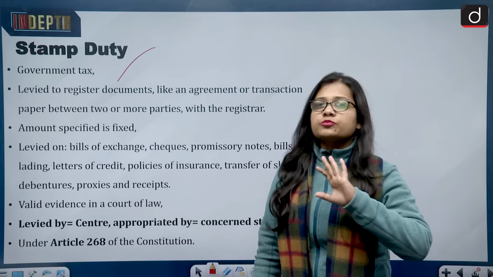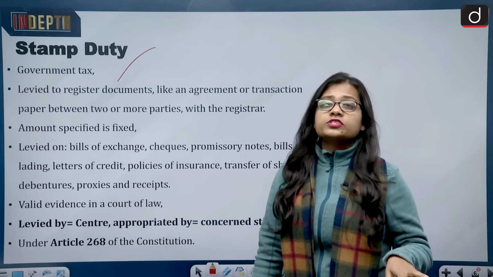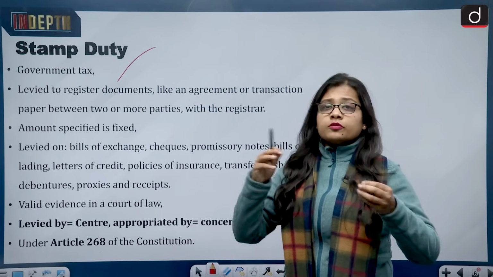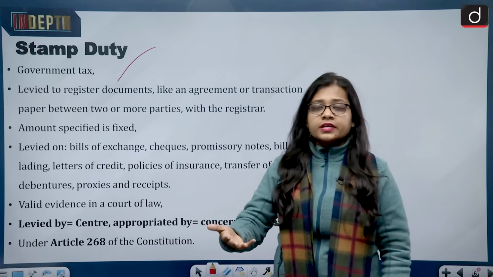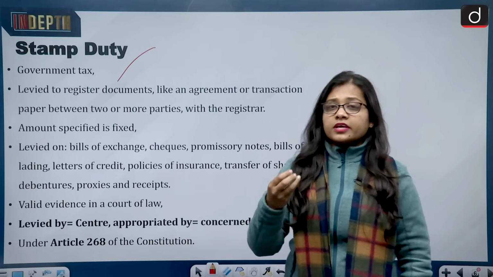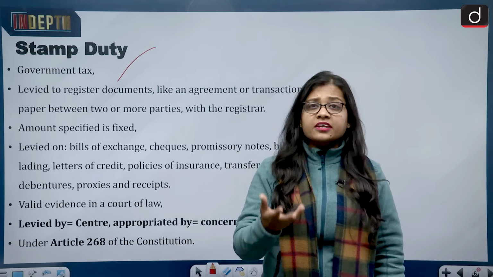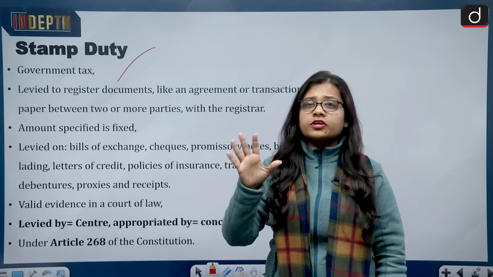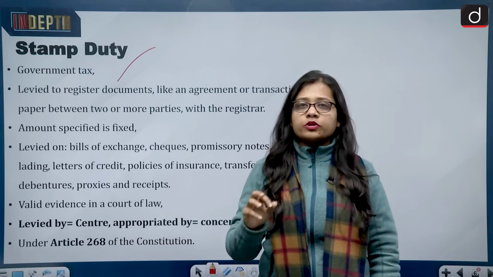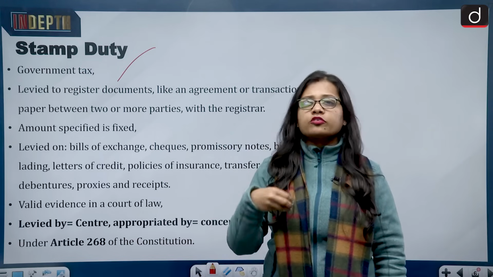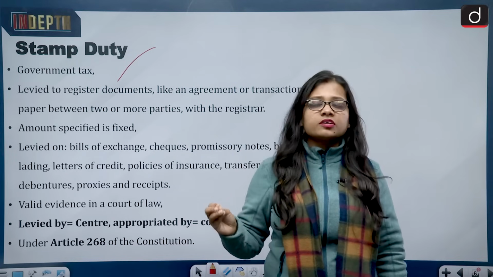I am sure that almost all of you must have heard this term in your day-to-day life from your father, grandfather, mothers, or whenever you go outside and talk about things like transactions, land transactions, registry. You must have heard about the term stamp duty. There's something called stamp duty which a person has to pay if any kind of transaction or any kind of registry is happening.